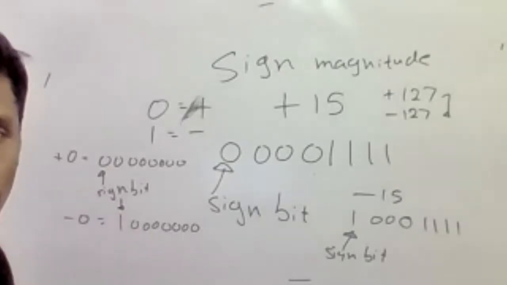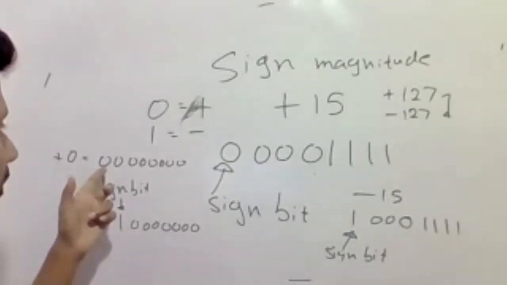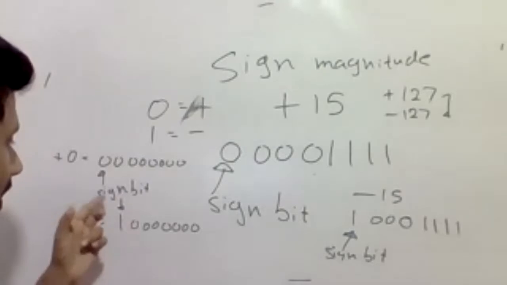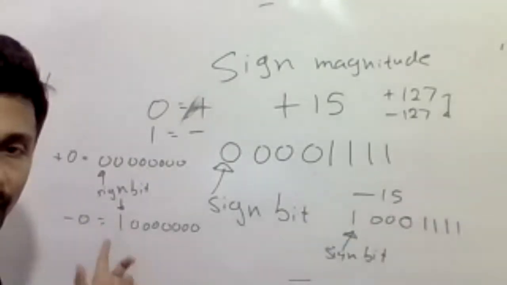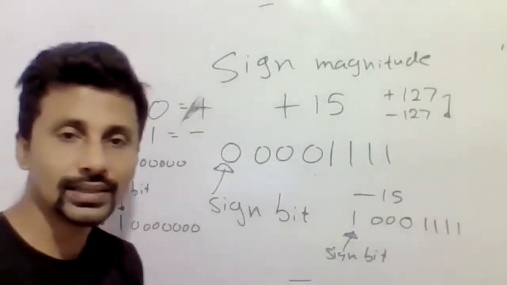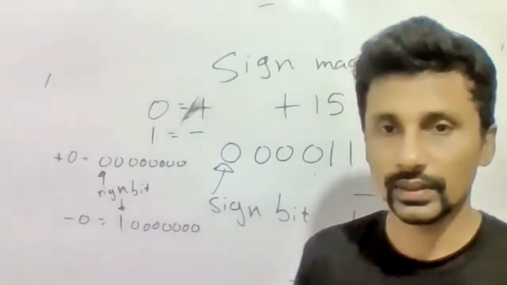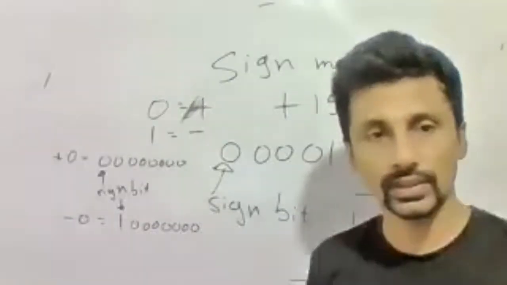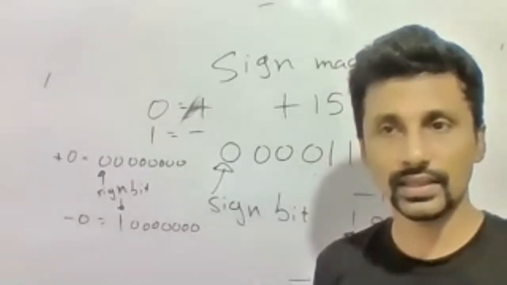If you put 0 for the sign bit, it's a positive 0. If you put 1 as the sign bit and the value is 0, it is negative 0. So with sign magnitude, you can represent positive and negative 0 both, right? I think you can understand that one.